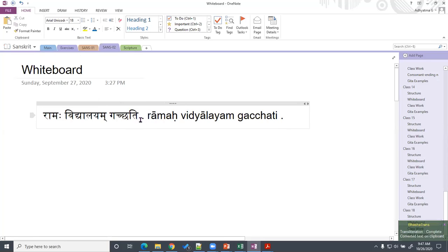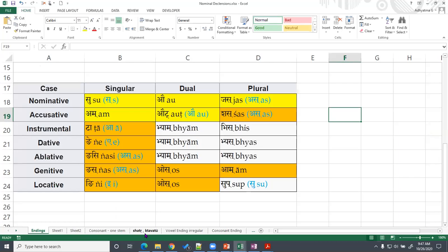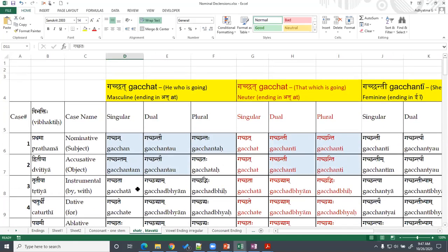The participle is replacing this verb. If you remember Gachati, the present, what kind of participle will come? Because it's present tense, Kartari Prayoga, active voice, the present active participle will come. That participle is Gachat, one who is going. Because it will be referring to the subject here, it's Gachan. So Gachan will come.